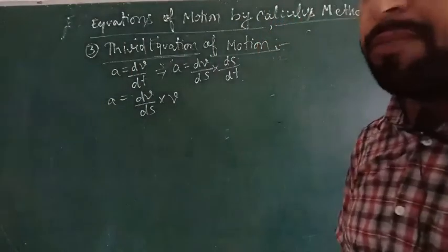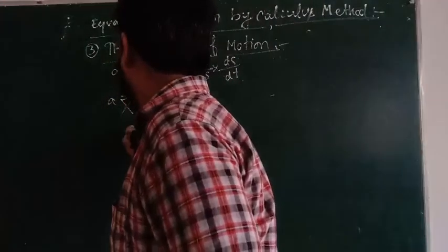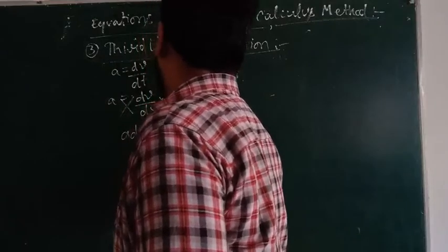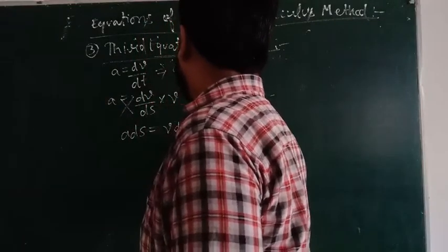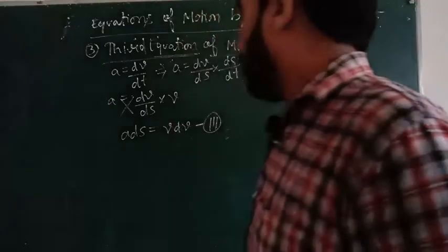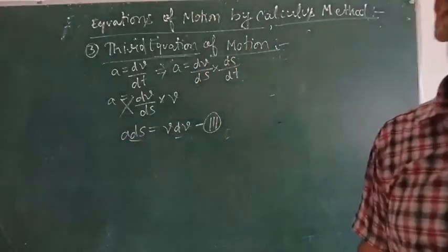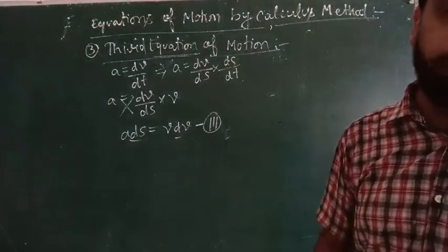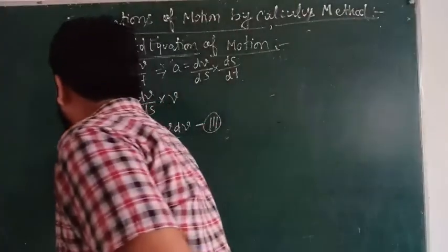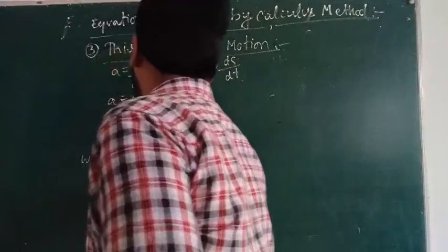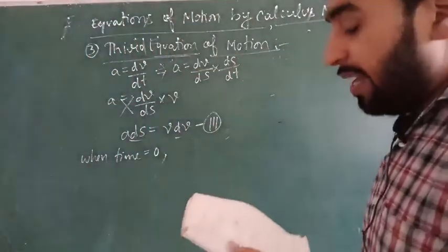If we do cross multiplication, what else will we get? a ds is equal to v dv. Suppose this equation is equation 3. Now on one side we have ds, and on the other side we have velocity. So we should calculate the value. When time is equal to 0, then velocity is how much?